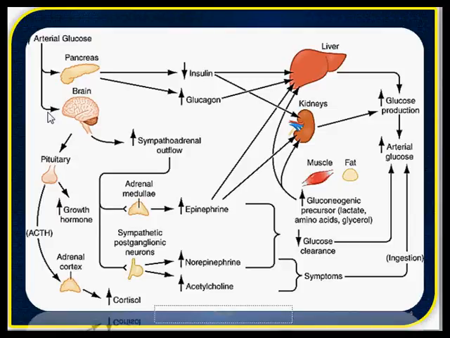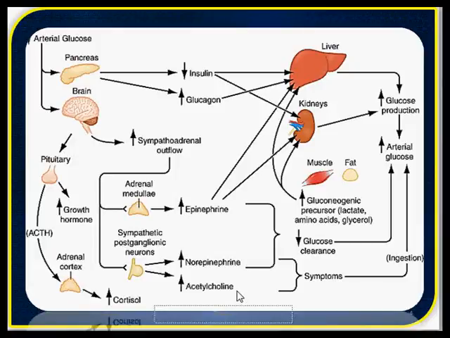low, it releases several neuromediators, particularly the sympathoadrenal outflow is increased, and it acts on the adrenal medulla to increase epinephrine. It acts on the sympathetic postganglionic neurons, which produce norepinephrine and acetylcholine.